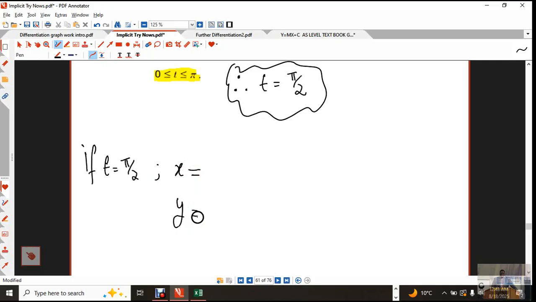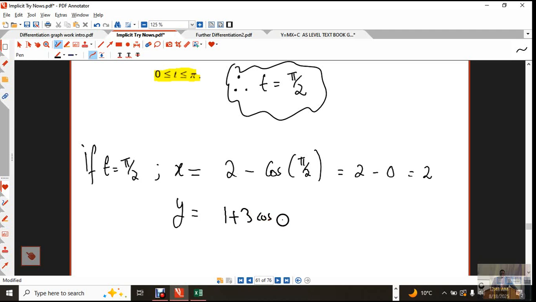So we need to go find what our value of x was. x was 2 minus the cosine of, going to be, pi over 2. Well, that's going to be 2 minus 0, so that is 2. And y was 1 plus 3 cos of 2 times pi over 2. Now, very important to know that the cosine of pi is negative 1, so that's negative 3 plus 1 is negative 2. So that gives you negative 2.